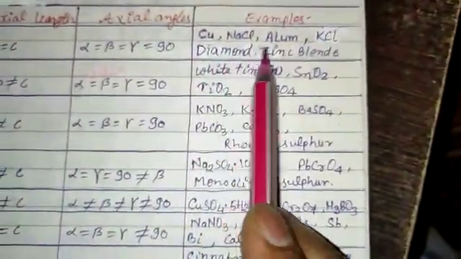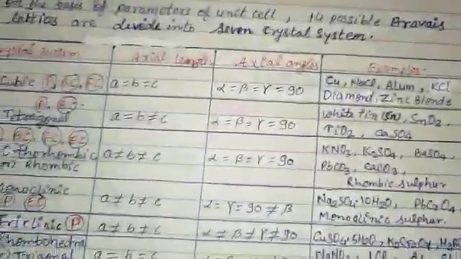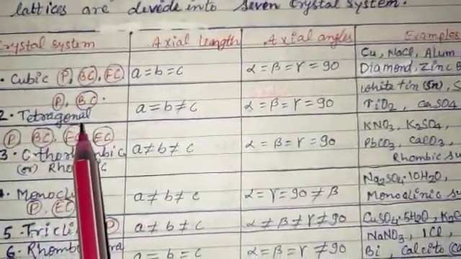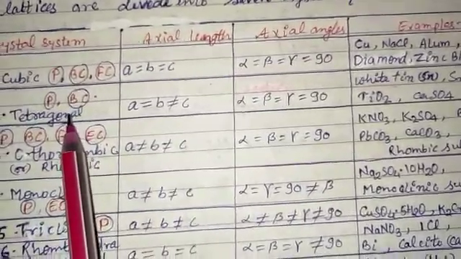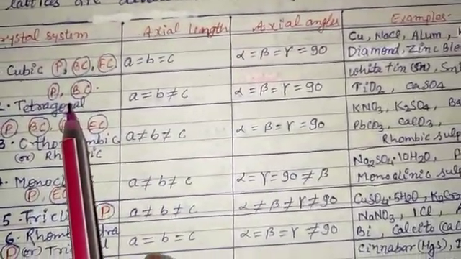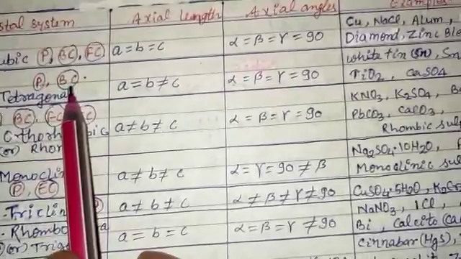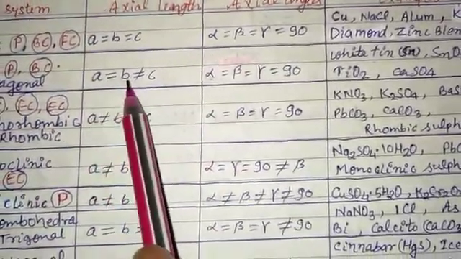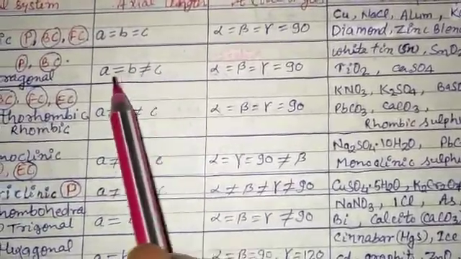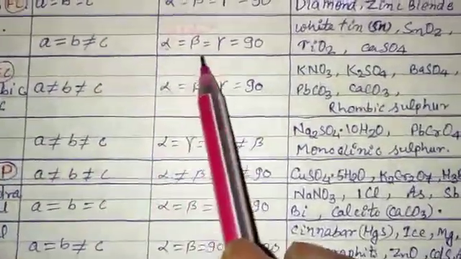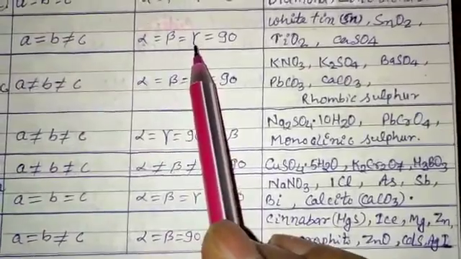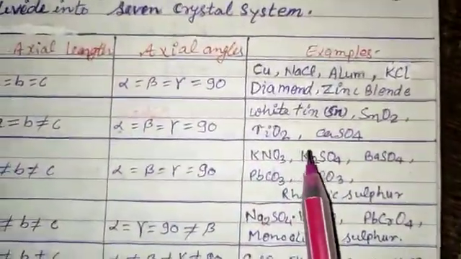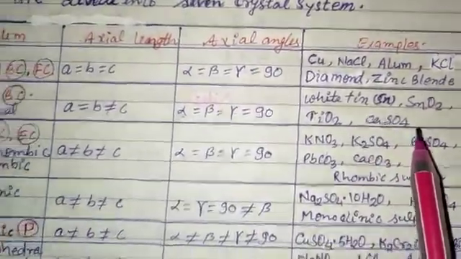Examples are copper, NaCl, etc. Second, tetragonal. In this, two types of crystal lattice are possible: primitive and body centered, in which edge a equals b but c is not equal to a and b, and all the angles are equal to 90 degrees. Examples: white tin, SnO2, etc.